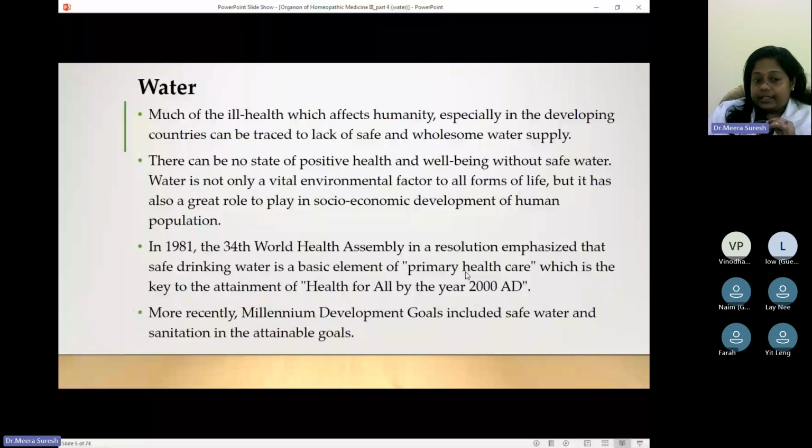So it was in 1981 that the World Health Assembly brought out that water should be considered a basic element of primary health care.